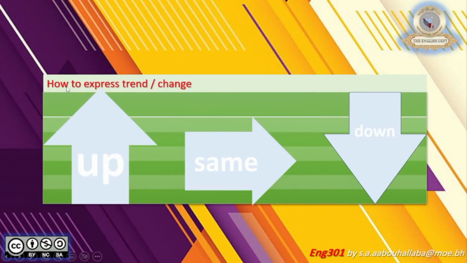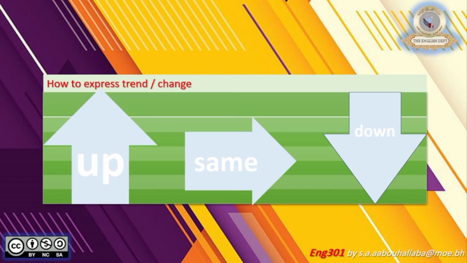And here are some expressions that are really useful if you are expressing trends in a graph. If there are numbers that are going up with years or going down with years and so on. So let's look. If we want to express an upward trend, something that is increasing along the time, we can use any of these expressions. We are going to have many, in fact.